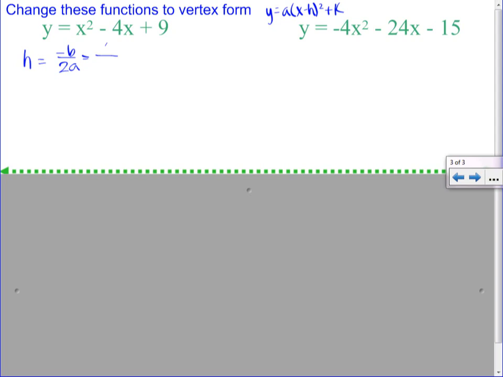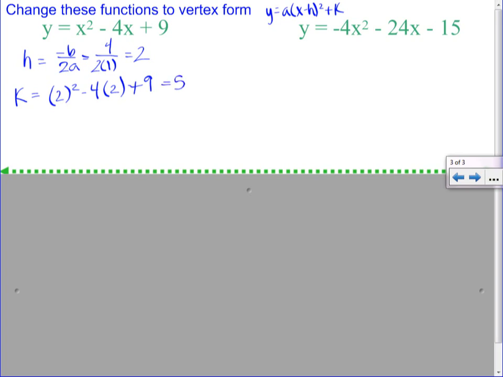So we've got positive 4, 2 times 1, which is 2. Now we need k. So we put 2 in here, right? So we got 2, 2, we get 5.